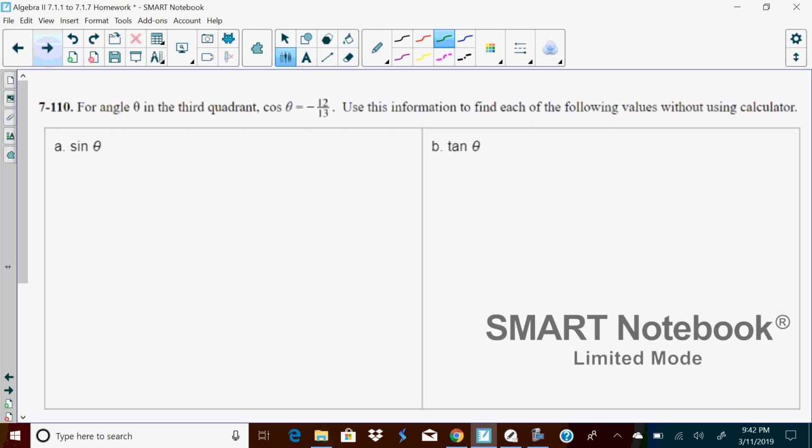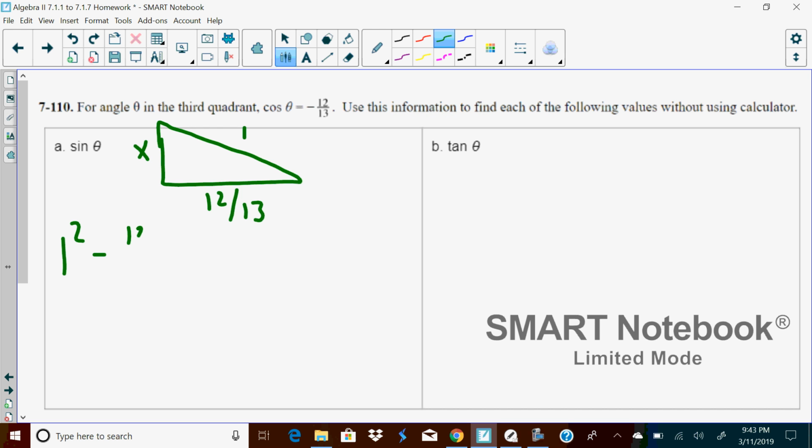For angle theta in the third quadrant, cosine is negative 12 over 13. Use this information to solve the values without a calculator. So we are going to use our Pythagorean theorem. I'm going to do it in a positive fashion and then change it to a negative later. So in order to find x, I'm going to do 1 squared minus 12/13 squared equals x squared.